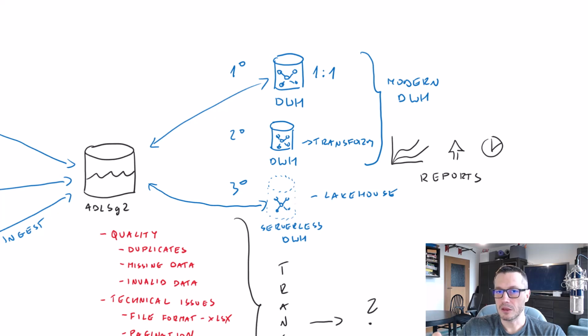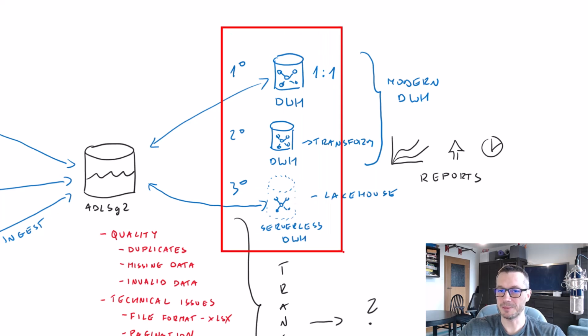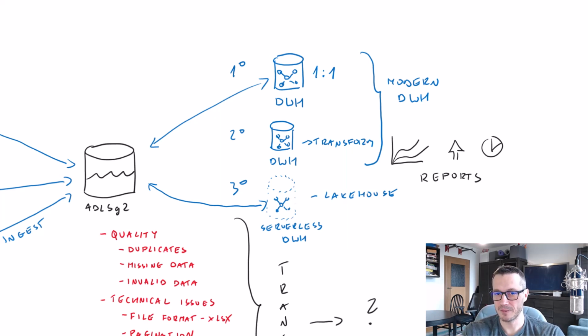Anyway, no matter which architecture you choose, what you will end up with is a dimensional model that is built somewhere in a physical data warehouse or in this logical one. But the model exists. So as you can see, it is really important to model the data in a proper way.